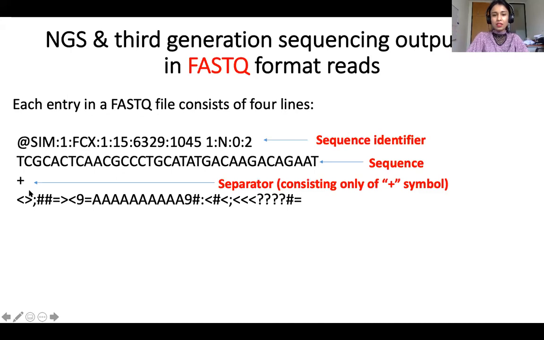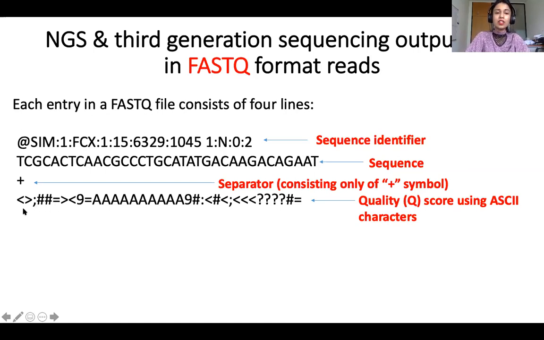Your third line is just a separator, to give you a better viewing option. It consists of only a plus symbol. This is followed by the final line, which is just different symbols.